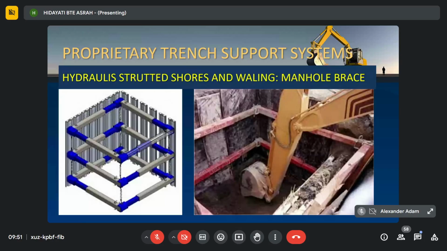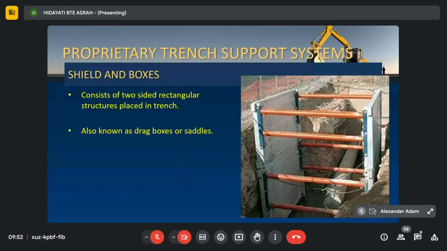And for the shield and boxes type system, it consists of two rectangular structures, number one, number two, and it is placed in the trench to provide a safe working environment. It is also known as drag boxes or saddles.